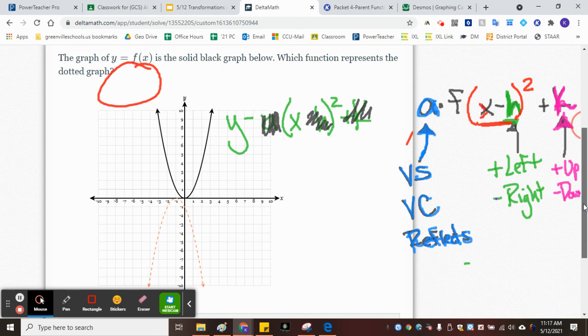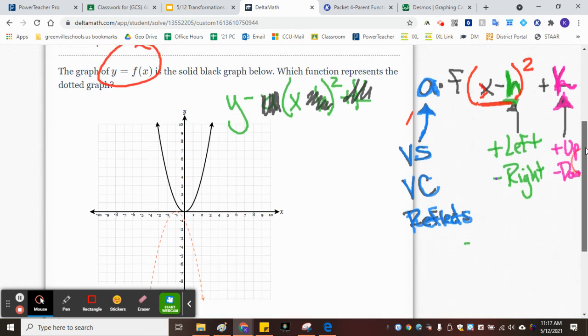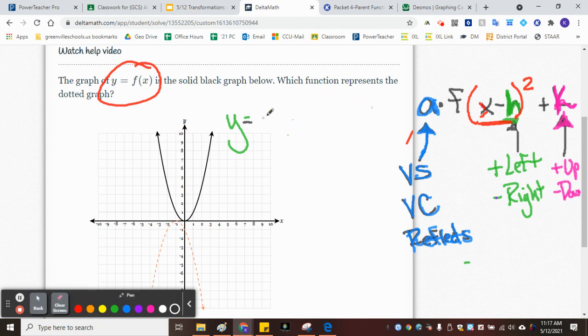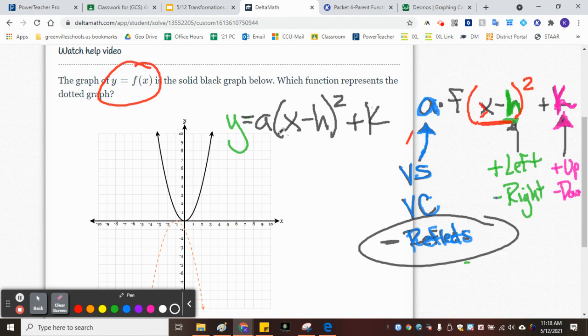Last question. Again, it's a quadratic, so I'm going to use the same transformation equation. A x h. The squared is what gives it the U shape, plus k. This one was reflected down, so that means that A has to be a negative.